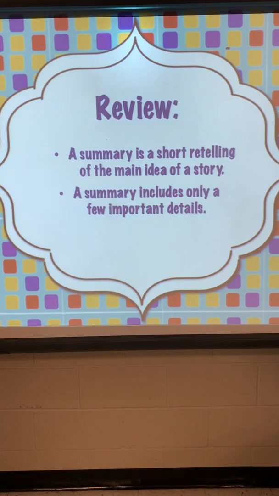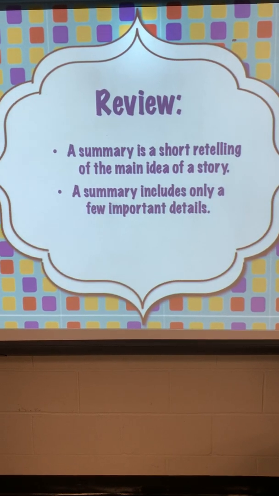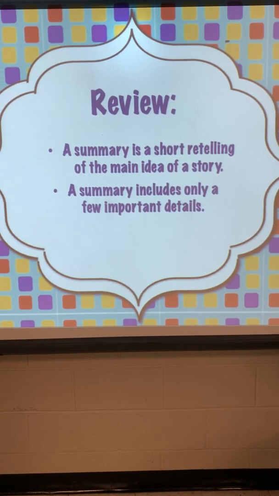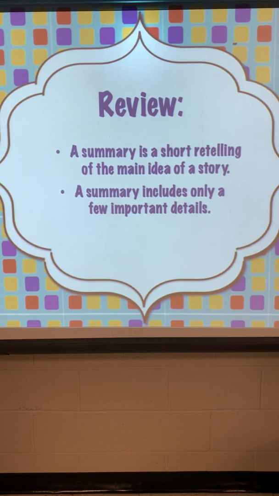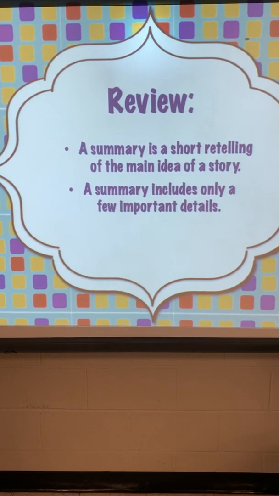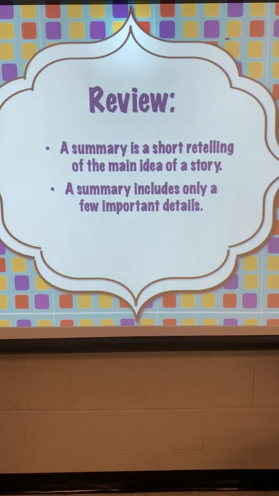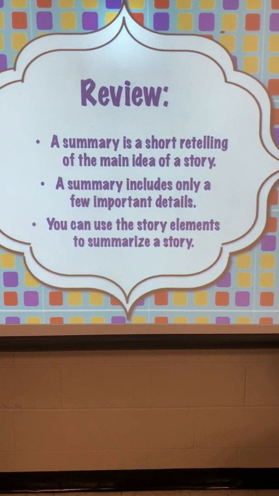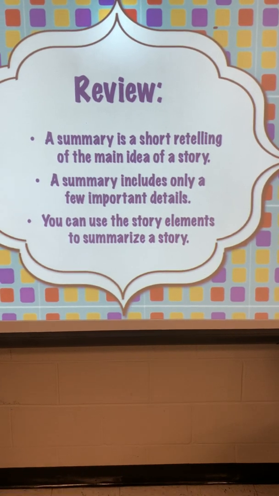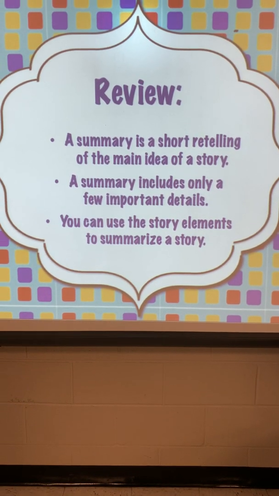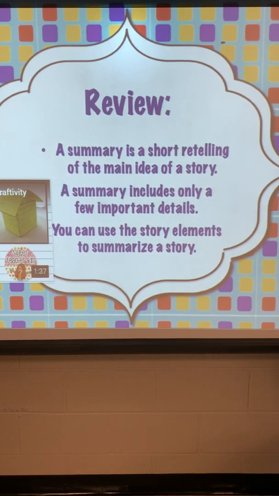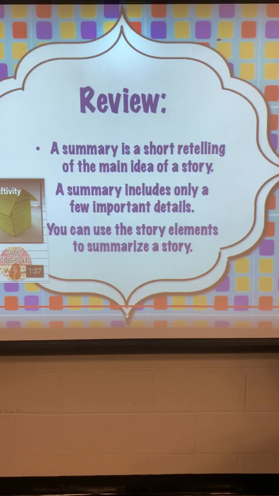A summary includes only a few important details, whatever is really important to the plot, to that problem and solution, you can include, but you're not going to include every detail about how it was fixed, or maybe even the other ways that the character tried to fix it before it was finally fixed at the end. You can use the story elements to help you summarize a story. So looking at the setting, the main characters, problem and solution, those are going to be the main things that you're going to want to include in that summary. And that's pretty much it.